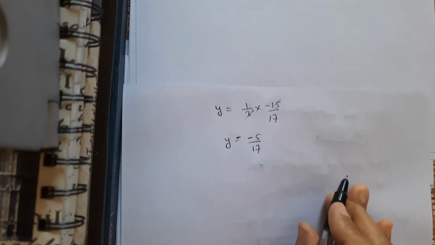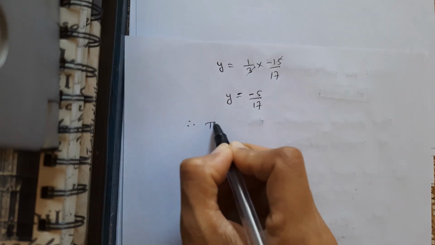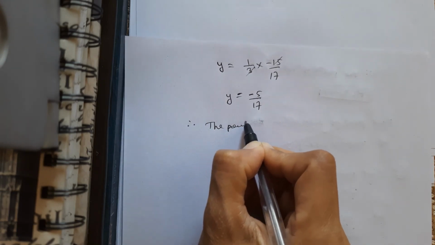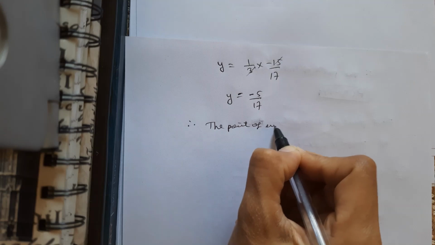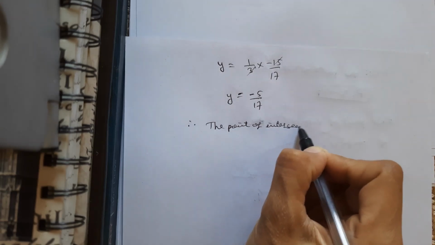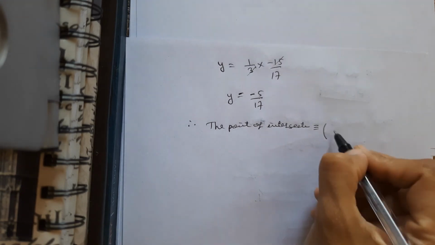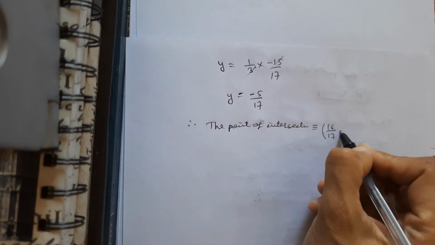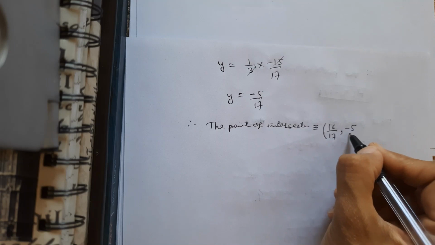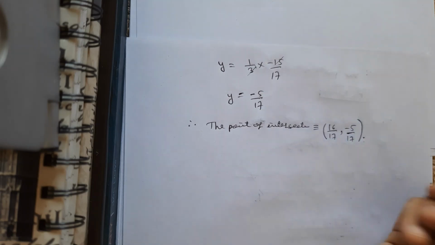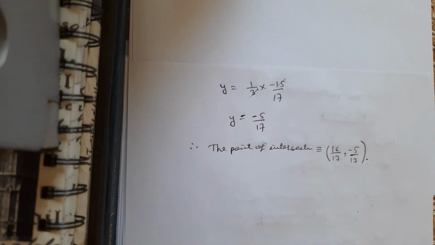That is my value of y. So therefore the point of intersection I got is 16 upon 17, minus 5 by 17. So that's how we find the point of intersection. I hope you understand it.